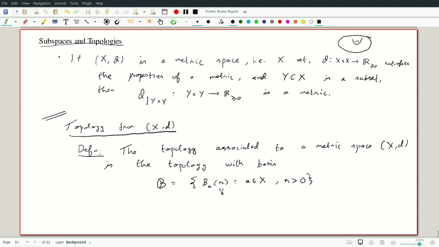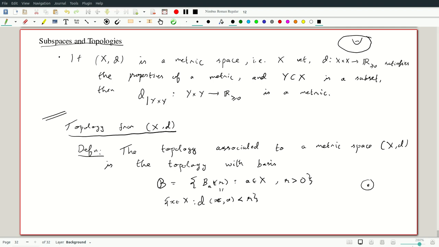Recall that this is the set of all points x in X such that the distance between x and a is less than r. Or I could write symmetrically the distance between a and x, whichever way one wants. So what we do is we look at all balls of all sizes and we look at the topology.